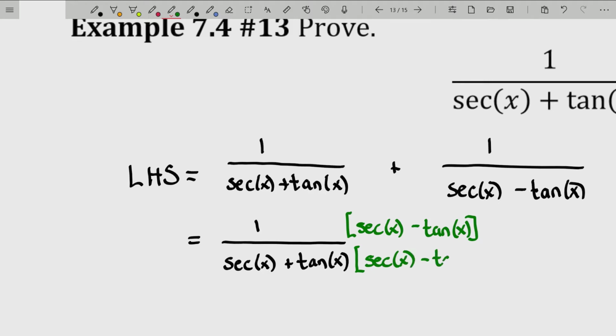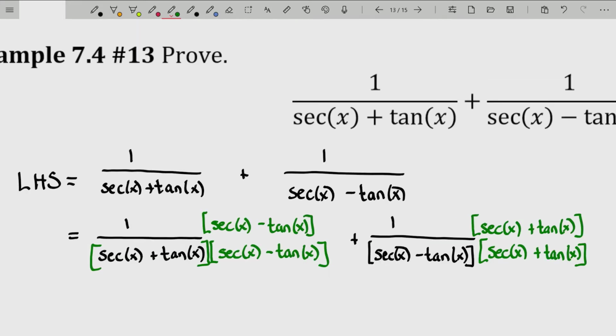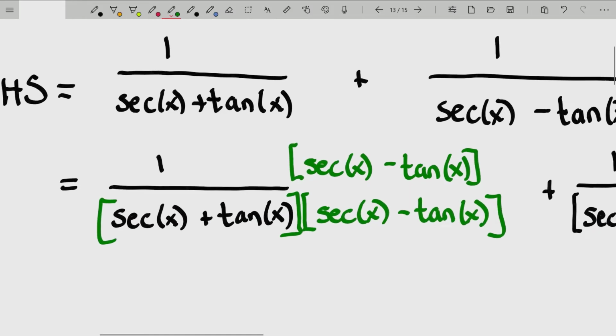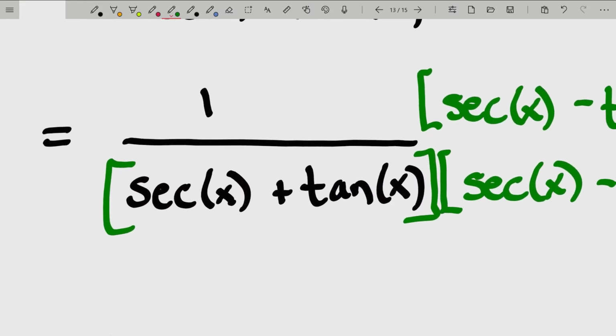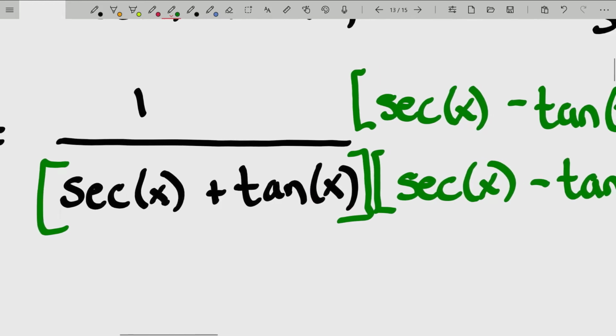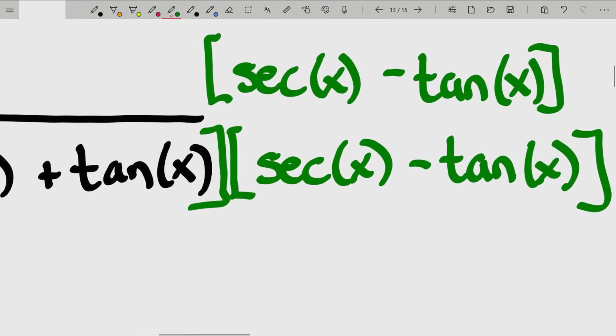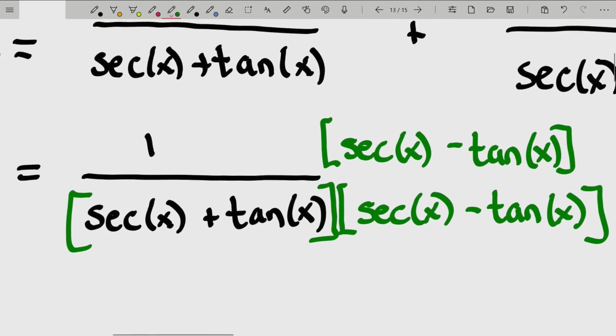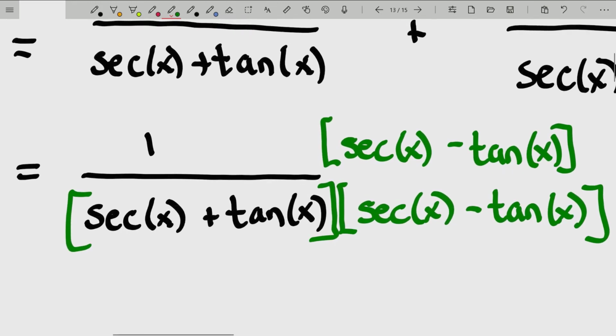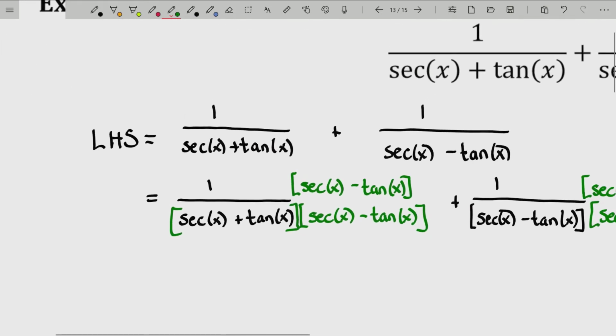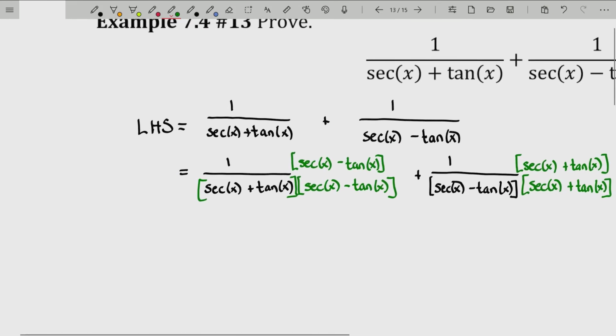I think I'll pause the video while I finish handwriting this out. There we go. So notice that I've used parentheses liberally here because if I don't, then I'm only multiplying the tangent. I really want to multiply that entire denominator by that expression. So now that they have common denominators, I'll glue them together as a single fraction.